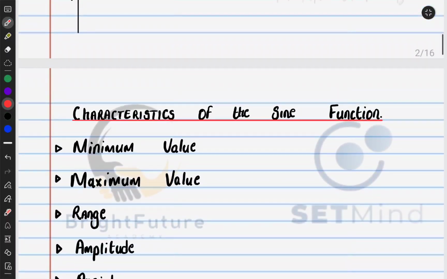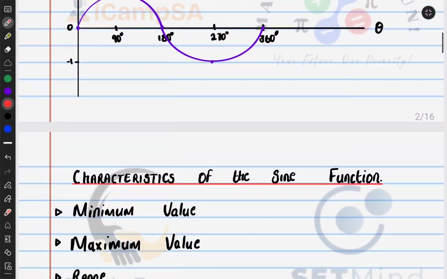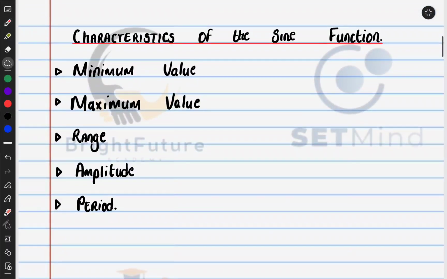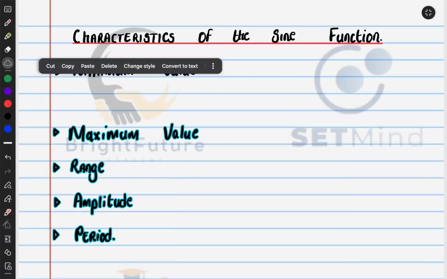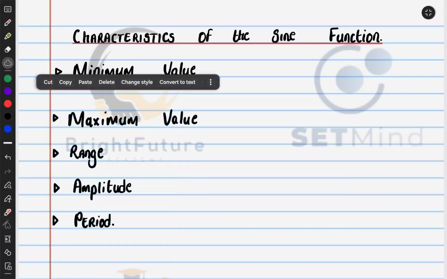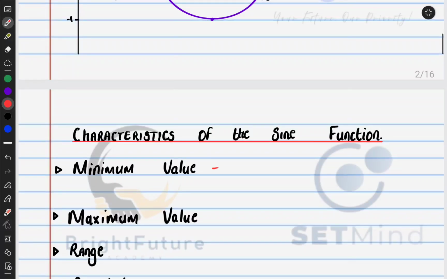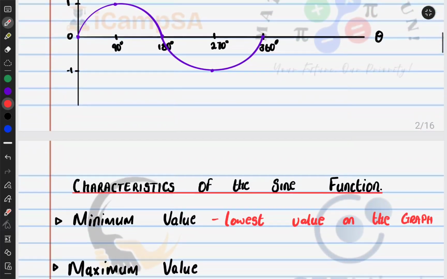Okay, let's come here. So we have the characteristics of the sine function. We start with the minimum value. Nothing has changed: it's still the lowest value on the graph, and that is the minimum value of our function.